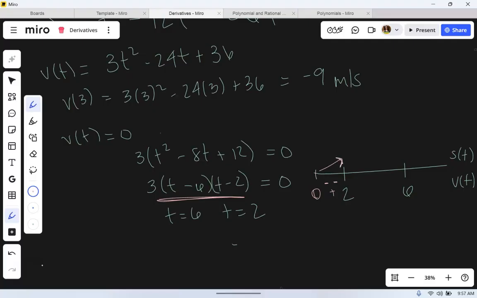Between 2 and 6, it's negative. And then bigger than 6, 8, I'm going to get a positive, and I'm going up. All right, so, yeah.